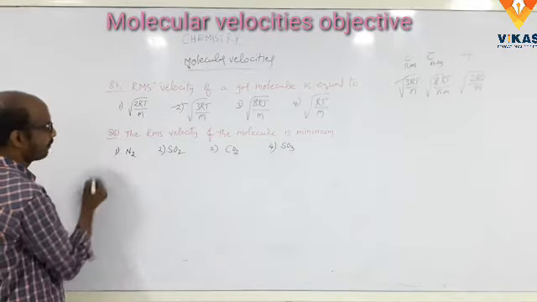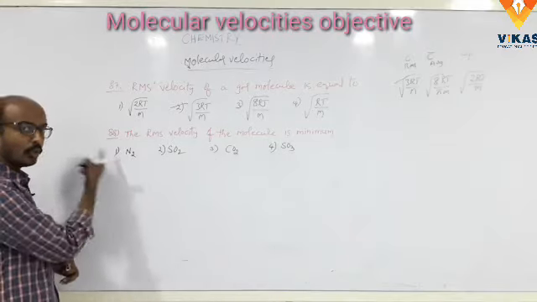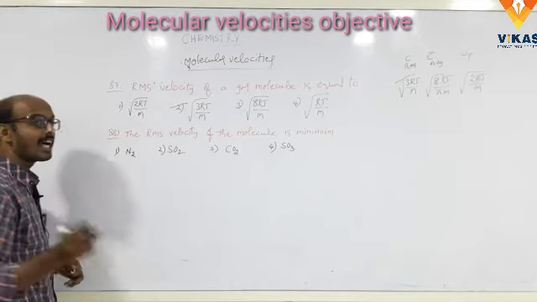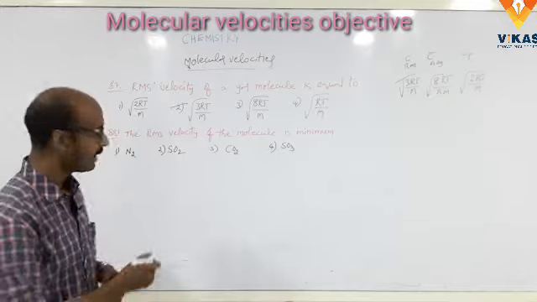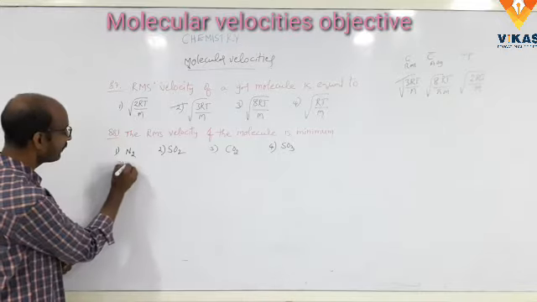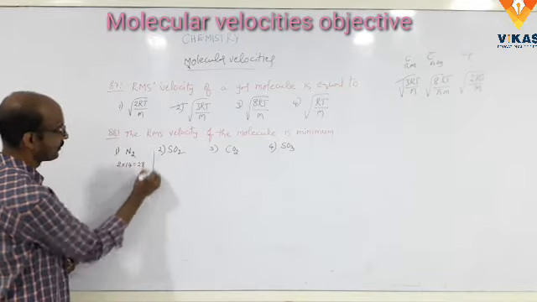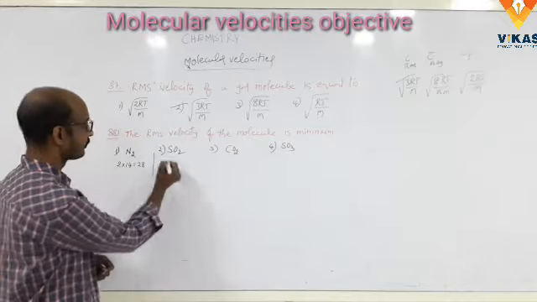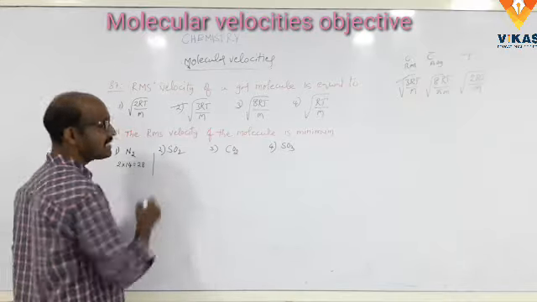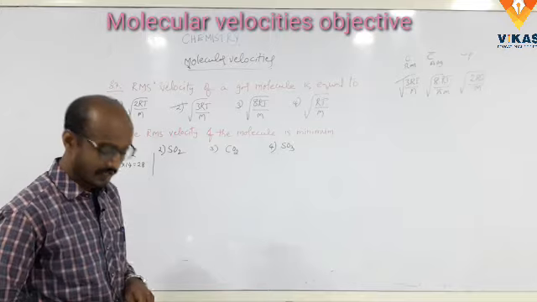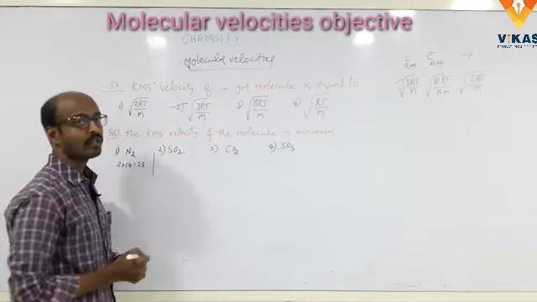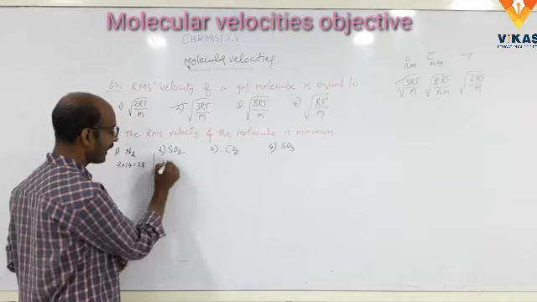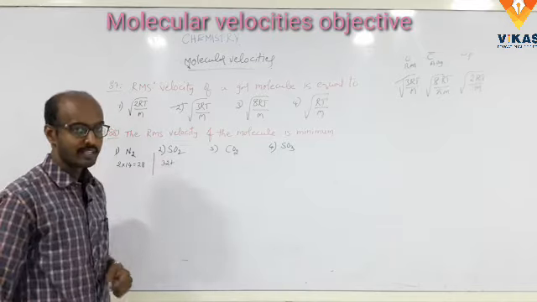First one, nitrogen. It contains 2 nitrogens, each nitrogen with atomic number 7 and atomic weight 14. So 2 into 14 is equal to 28. Next one, SO2. Sulfur has atomic number 16 and atomic weight 32. There is only one sulfur, so 32.